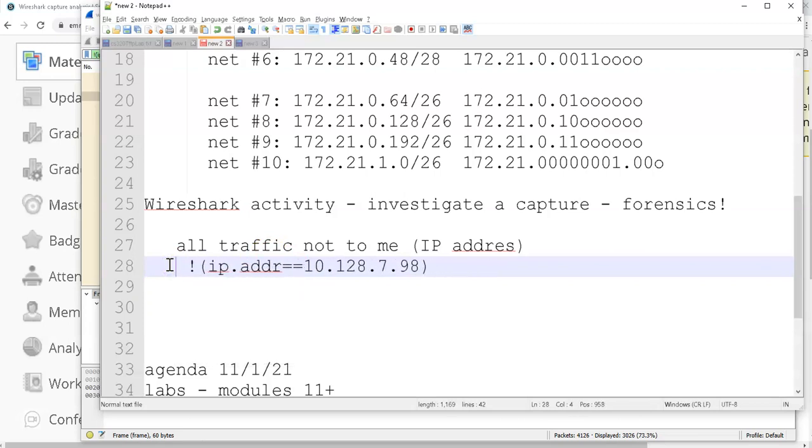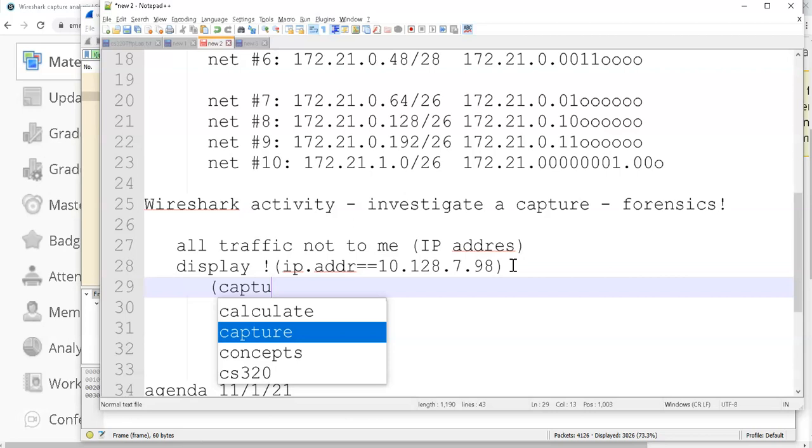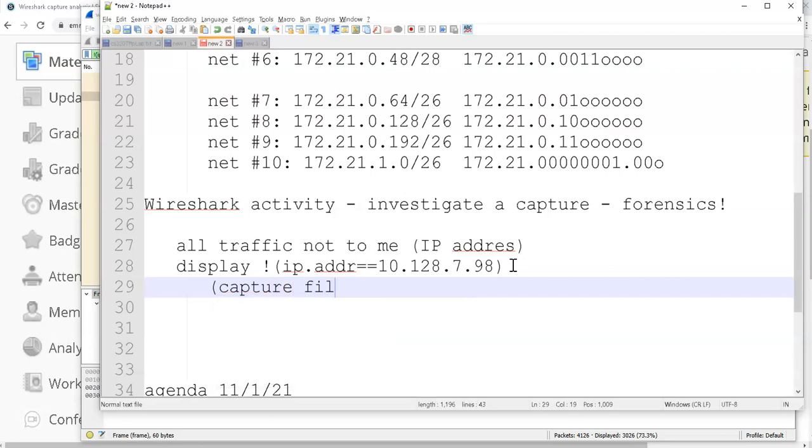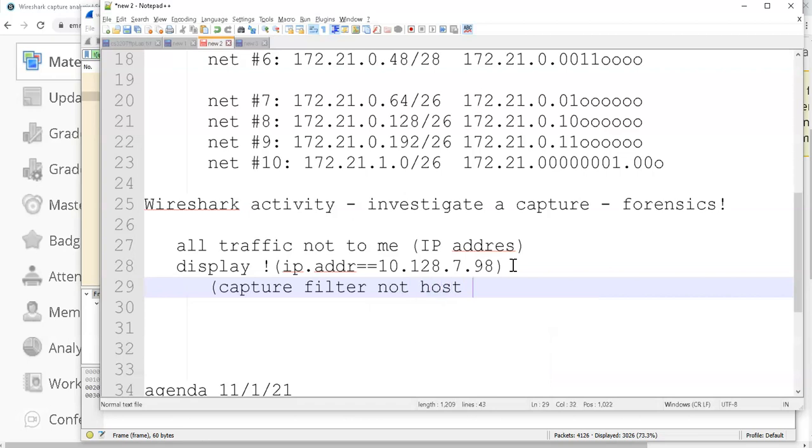No, not the capture filter. It's the display filter. And the crazy thing is, capture filters aren't the same syntax as display filters. But we won't worry about that. Just for fun, you don't have to put this, but it's good to know, the capture filter would be not host 10.128.7.98.